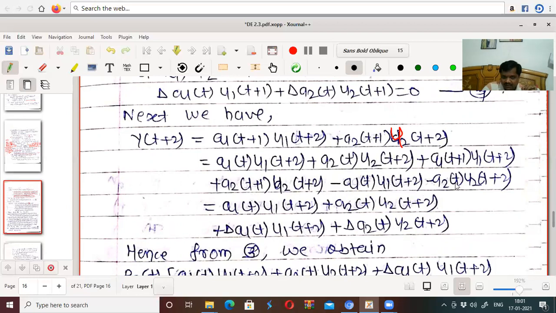Similarly here, u2(t+2) into Δa2(t). So we get now a1(t) u1(t+2) + a2(t) u2(t+2) + Δa1(t) u1(t+2) + Δa2(t) u2(t+2).